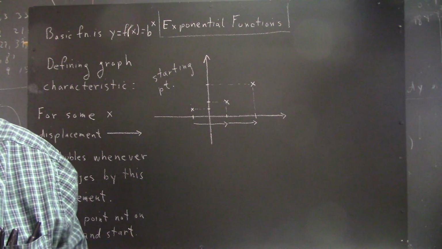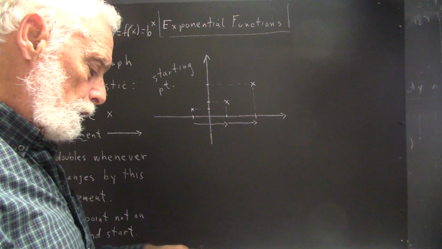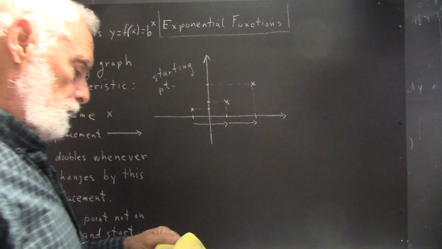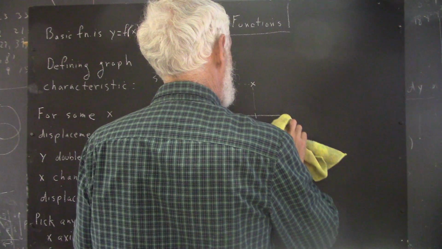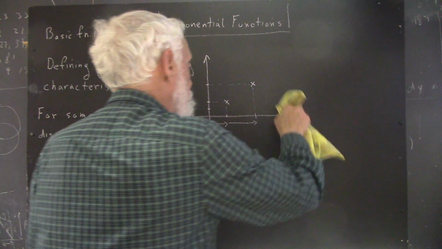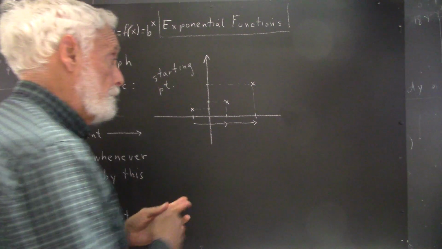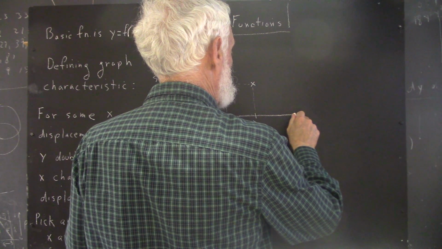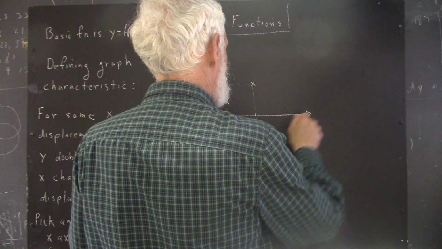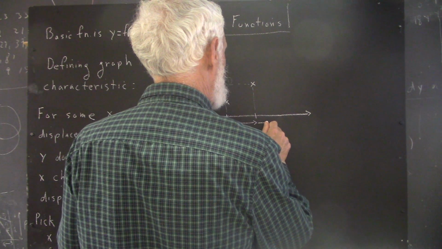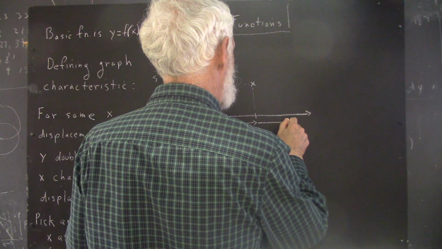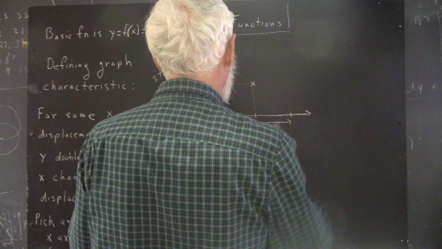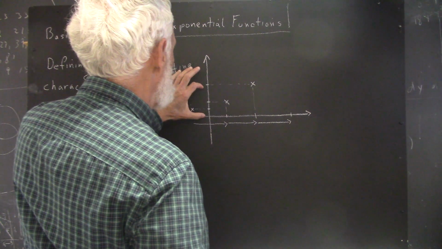Now we can apply the x displacement once more. Now let me find a damp place on this eraser so that we can extend the x-axis just a little bit more. And now I can do the same x displacement again, and my y value is going to have to double again.